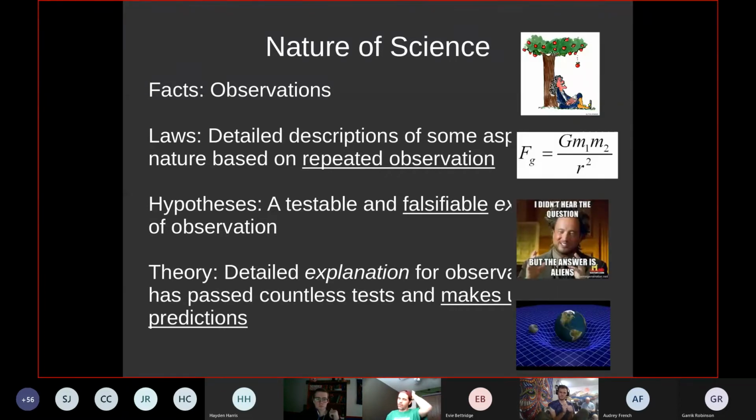So what I want to emphasize here is that theories do not become laws. This is a major misconception that I get every semester with science students. They think that laws are kind of like the pinnacle of the scientific method. No, not really. Theories are.